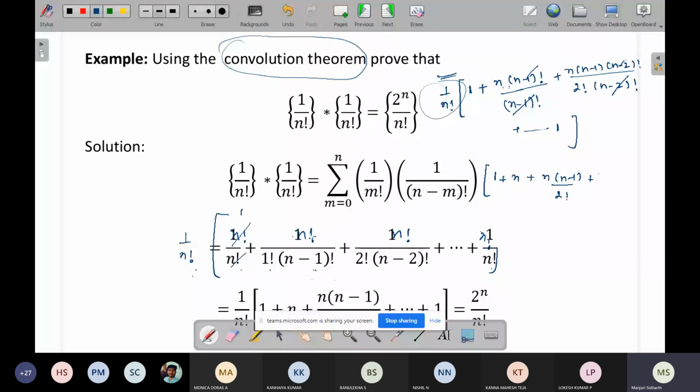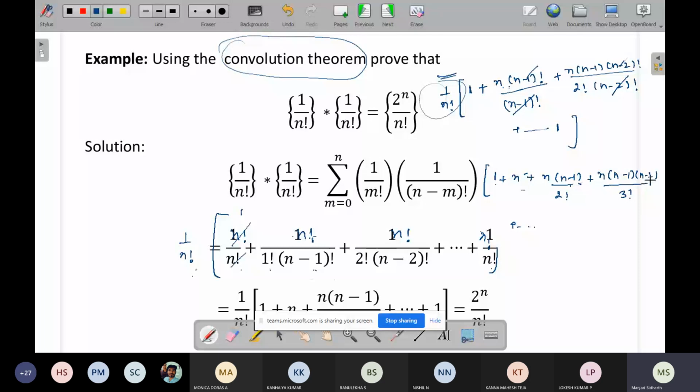Next you will get n minus 1, n minus 2 over 3 factorial. Starting with n, then n minus 1 in the second term, then n minus 1, n minus 2 over 3 factorial.